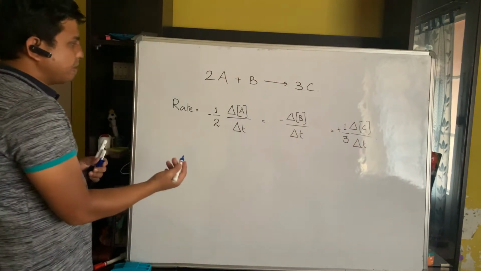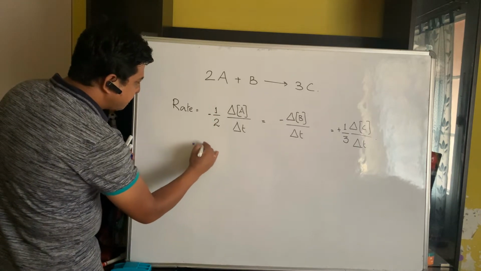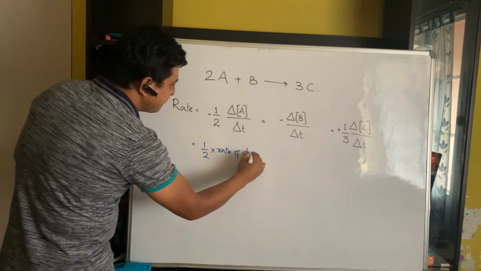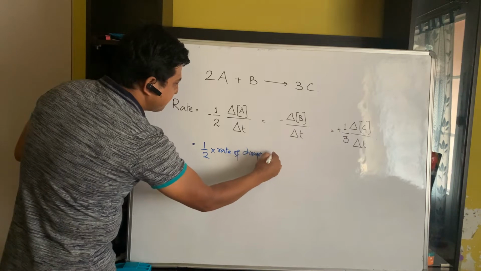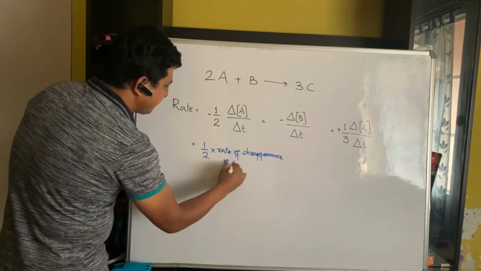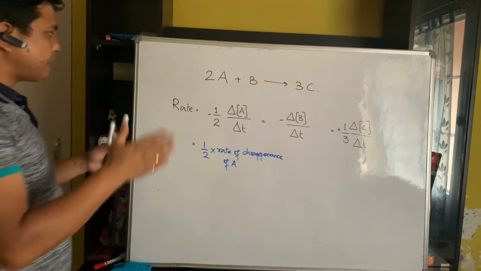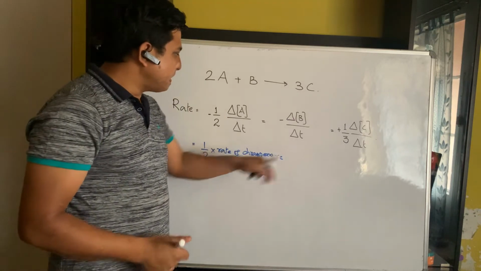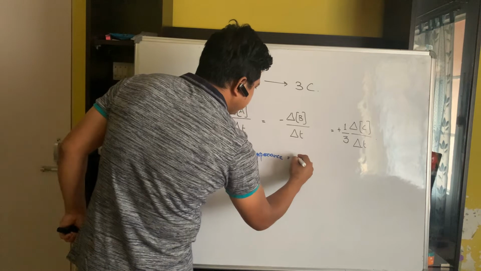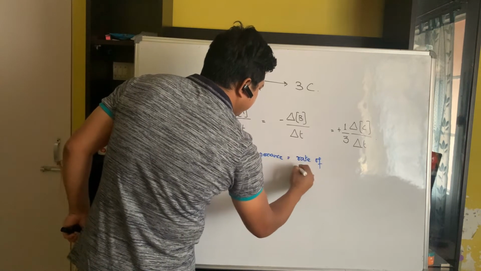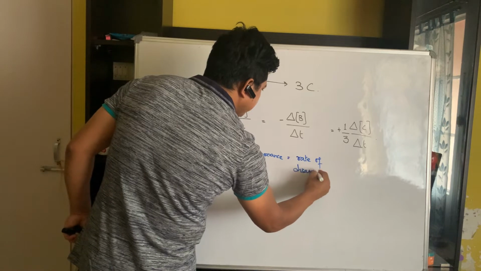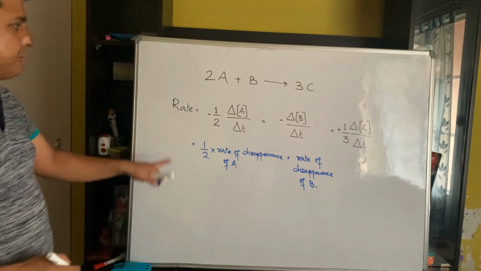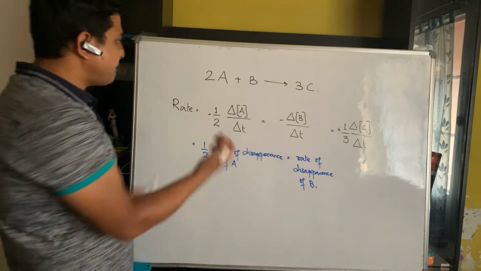Okay, so what is the rate equal to? We can say rate is equal to half the rate of disappearance of A. In this case, we don't have any coefficient here, so rate is equal to the rate of disappearance of B. The rate of a reaction will be equal to the rate of disappearance of B. And in terms of C, what is the rate equal to?